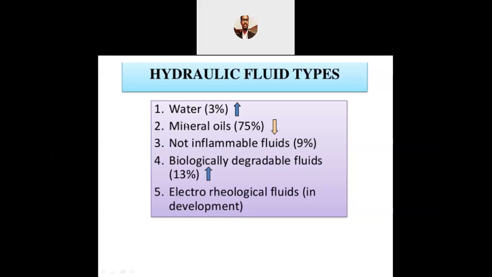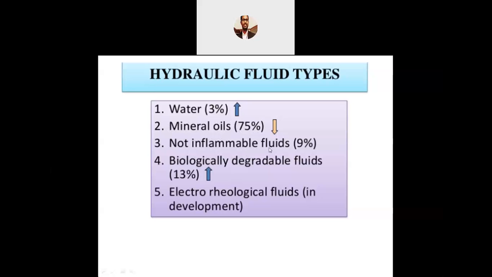Hydraulic fluid types. Water is used in only about 3% of hydraulic applications. Mineral oils are used the maximum. Petroleum oils come under the category of mineral oils. So 75% of the applications are based on mineral oils.